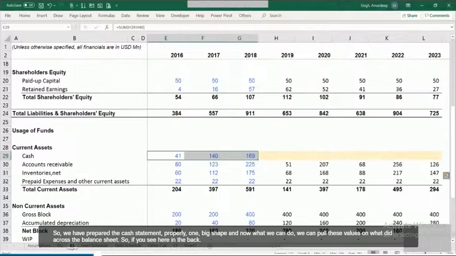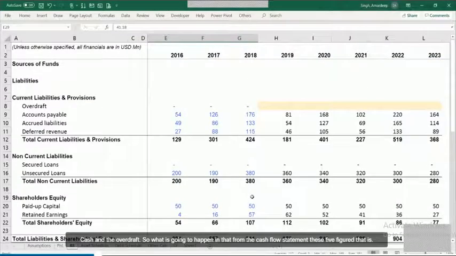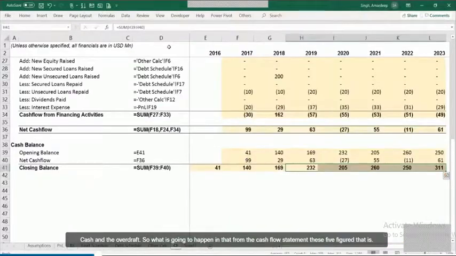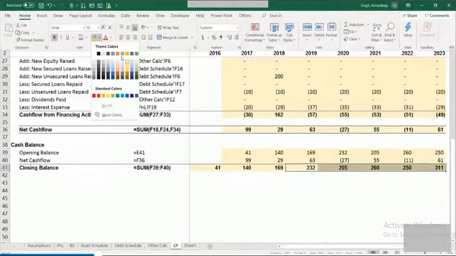So if you see here in the balance sheet, I've got the cash position and the overdraft. So what is going to happen is that from the cash flow statement, these five figures that you see, let me put that in a separate color.